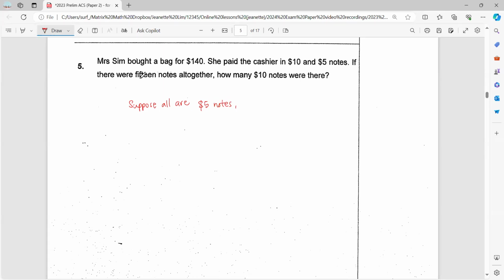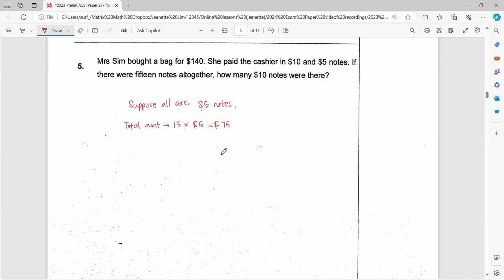There are 15 notes. So the total amount of money will be 15 times $5, which is $75. Then next, but actually she spent $140.